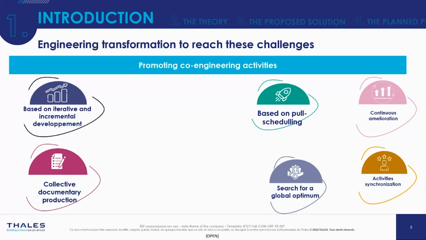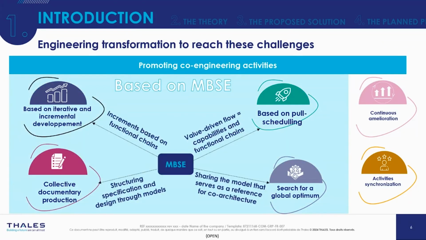And also, the search of global optimum is important, since today it's more a local optimum that is done by discipline or by services. And all of that, of course, shall be synchronized with activities like agile rituals that are well known in the industry.